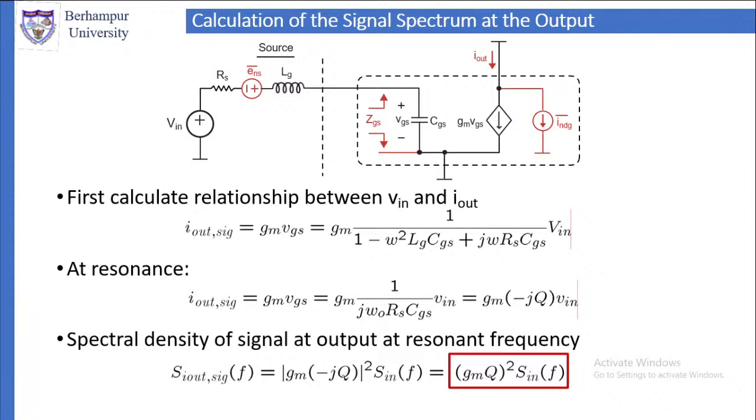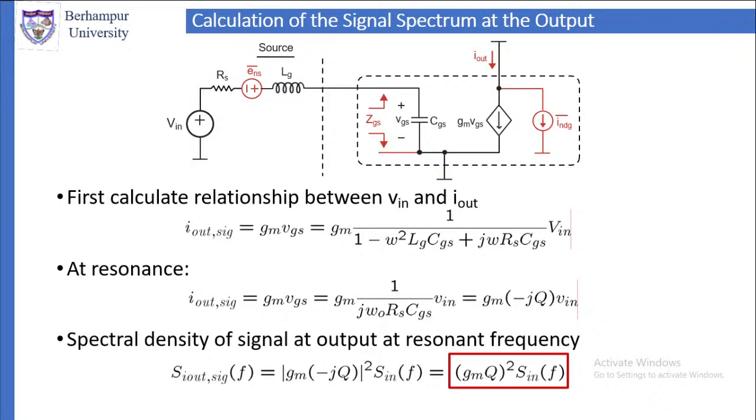So spectral sensitivity, based on this, the spectral sensitivity means the sensitivity to the frequency. Once we know the current at the resonant frequency, if you deviate from resonant frequency, how much it will affect the current, that is what is spectral sensitivity.